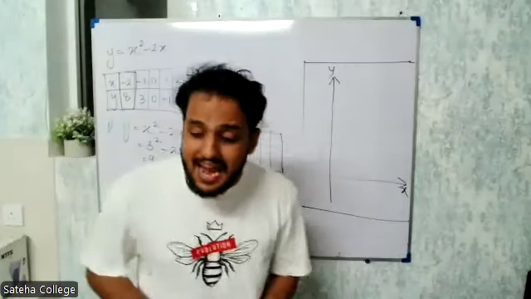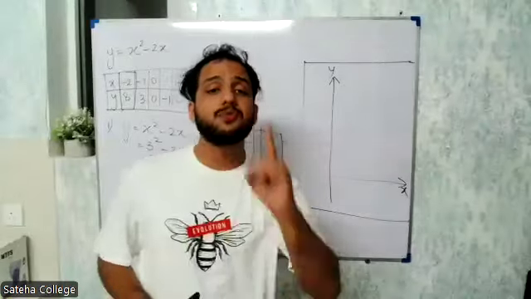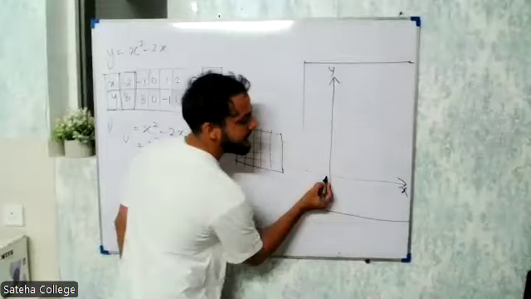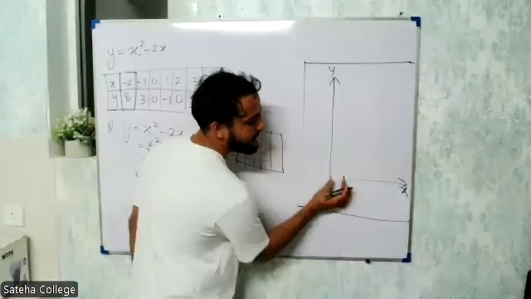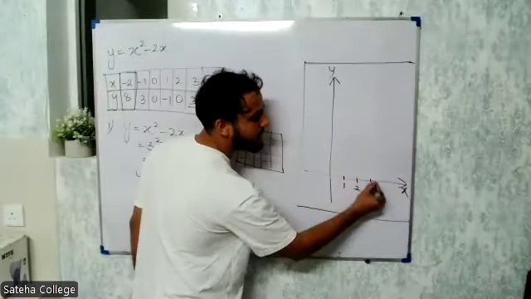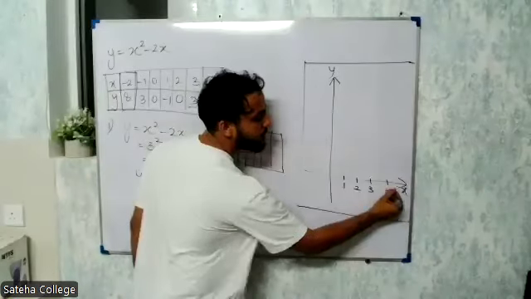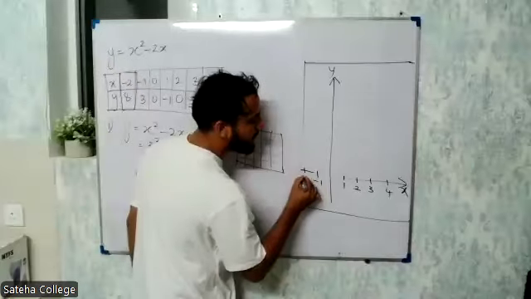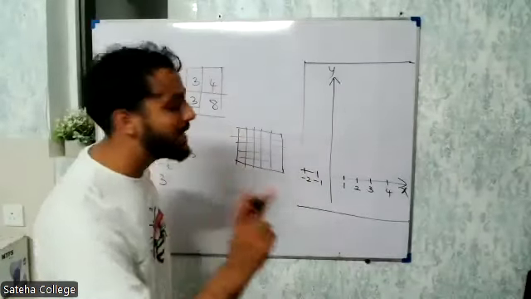Okay. Now the standard number of boxes for one point is 2 large boxes. So that means 0 here, 1. This should have 2 large boxes. 2, another 2 large boxes. 3, another 2 large boxes. 4 here, another 2 large boxes. Likewise, each point here should have 2 large boxes.